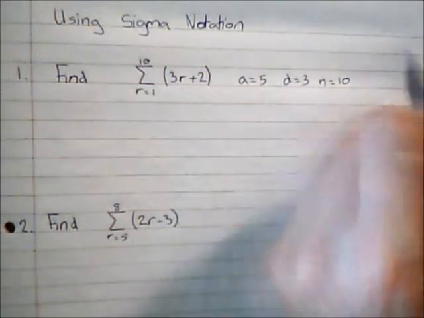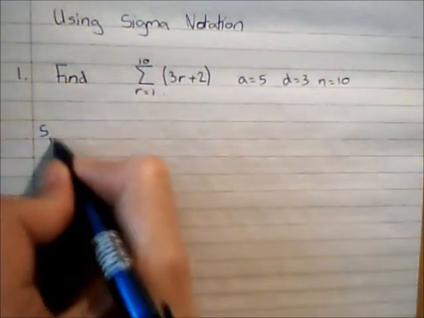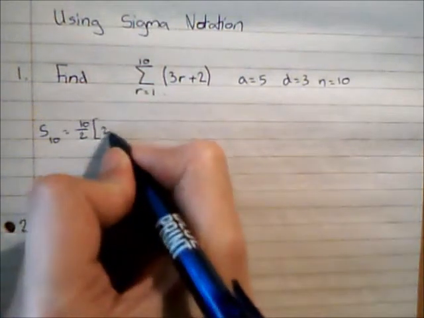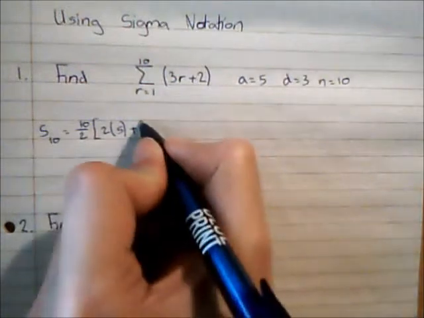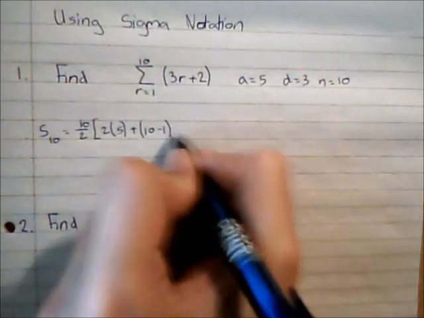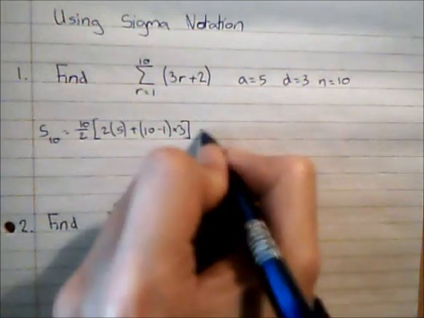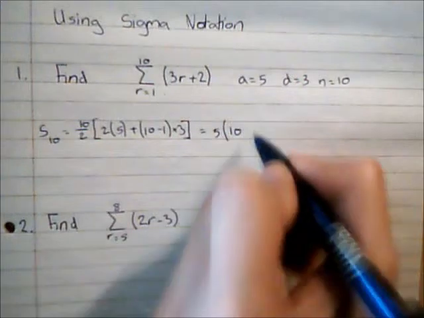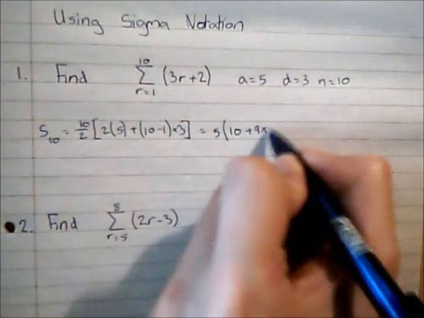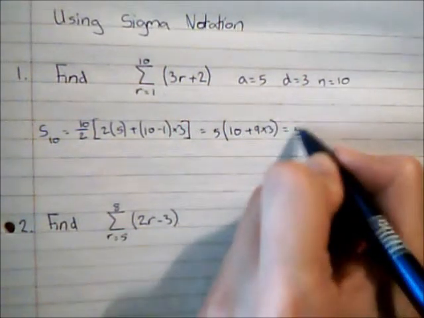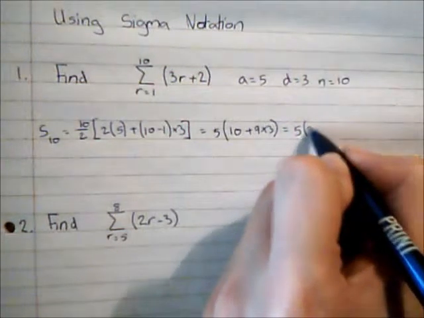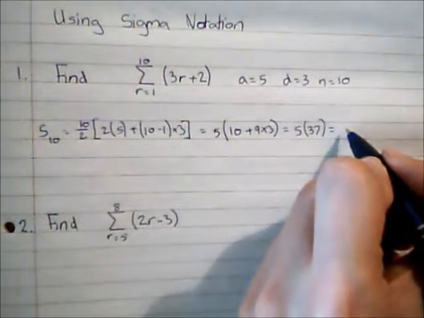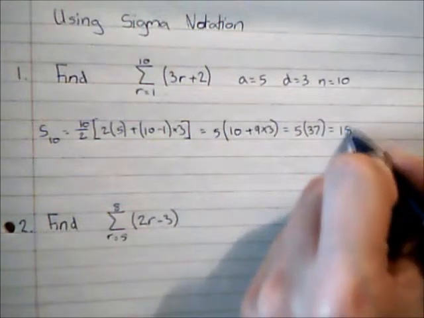And now I can use the sum of n terms formula, so S10 is 10 over 2 lots of 2a plus n minus 1 d, so that's 5 lots of 10 plus 9 times 3, is 5 lots of 37, which is going to be 185.